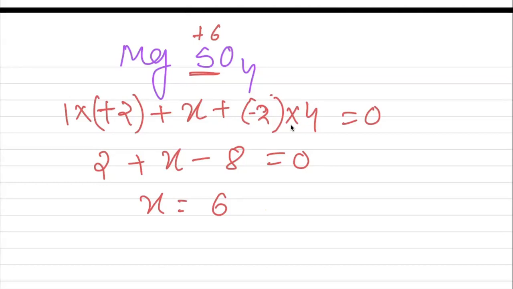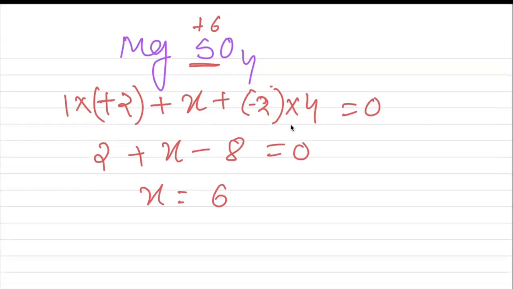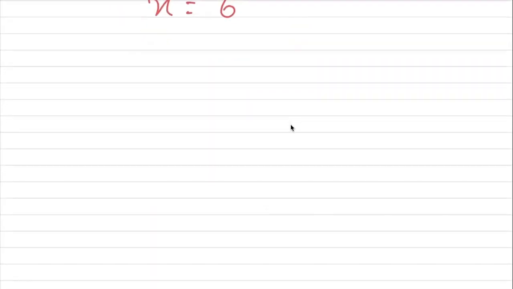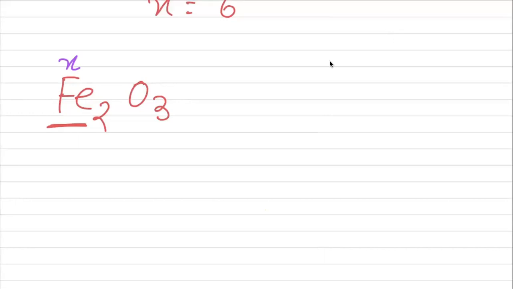Now you calculate the oxidation number for this one, Fe2O3. You have to calculate the oxidation number of iron. So iron we have to calculate. The oxidation number will be X, and each oxygen will be -2.